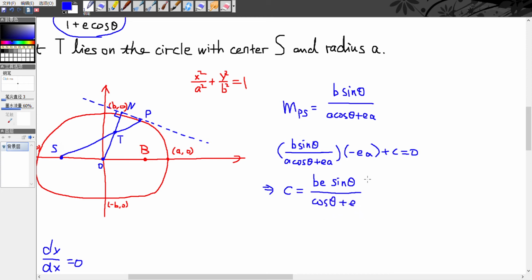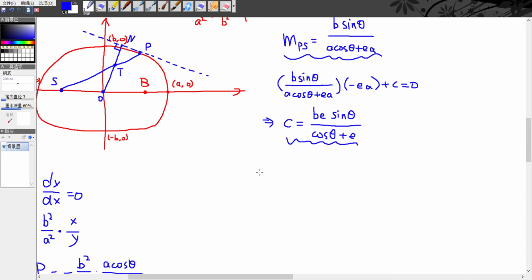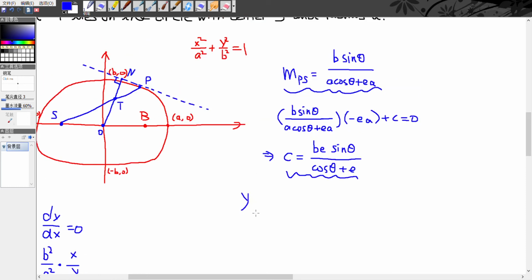So this is our c, and this is our m. So we can construct the formula for PS, which is just b sine theta over a cosine theta plus ea times x plus b e sine theta over cosine theta plus e.